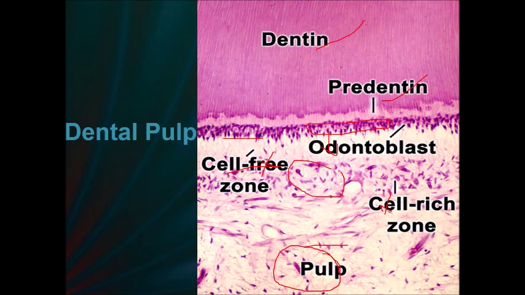In the pulp proper, or the pulp core, the predominant cell is the fibroblast, and then we have a ground substance, different types of fibers, blood vessels, and nerve fibers.